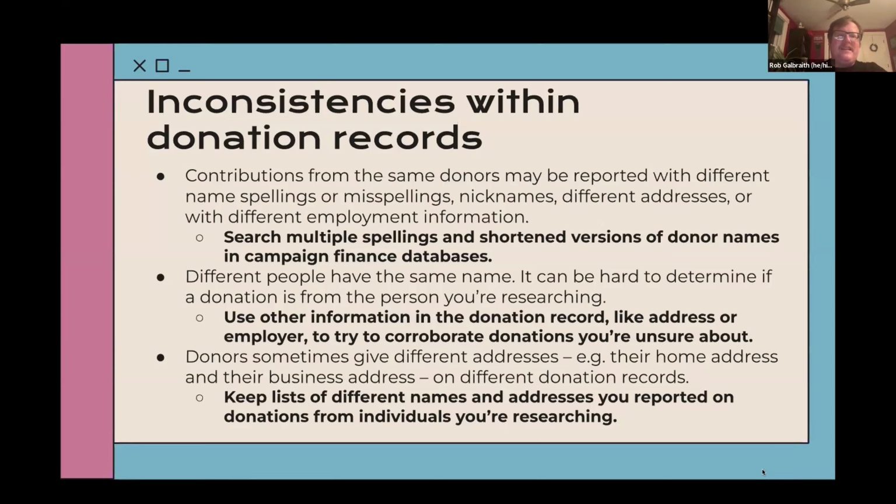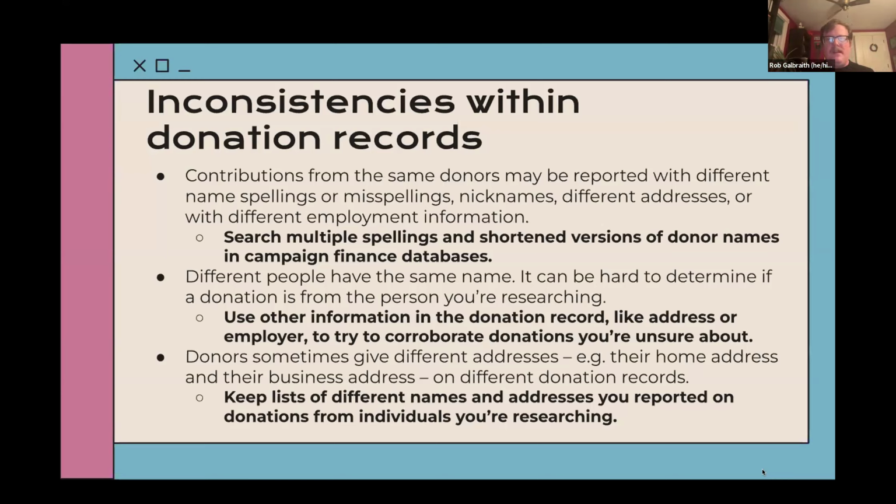Sort of a corollary to this is that different people frequently have the same name. I talked about that when I was showing that example. And again, like I said back then, the best way to sort those things out is to look for other corroborating information in those records. Compare the addresses between a donation you're not sure about and a donation you are sure about.